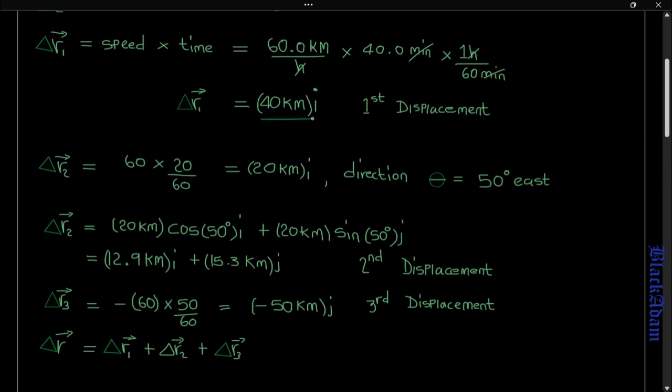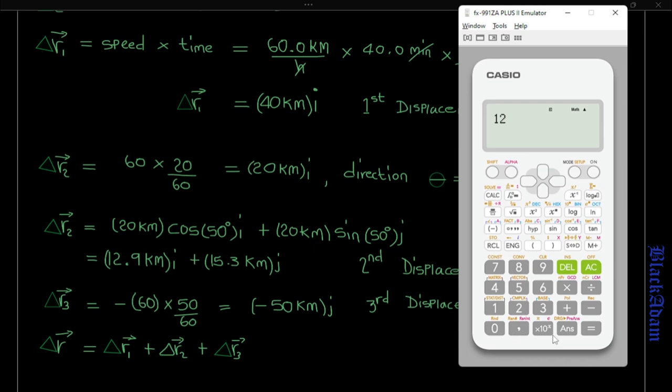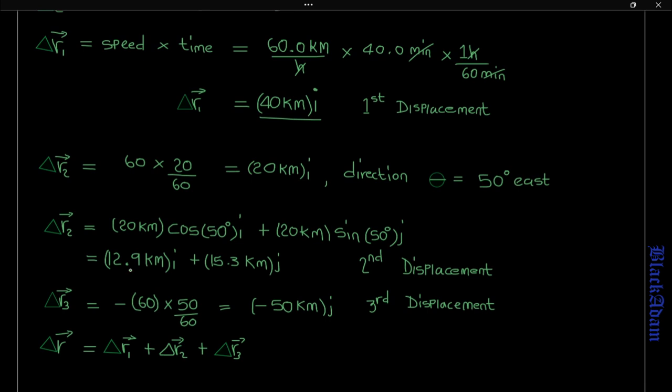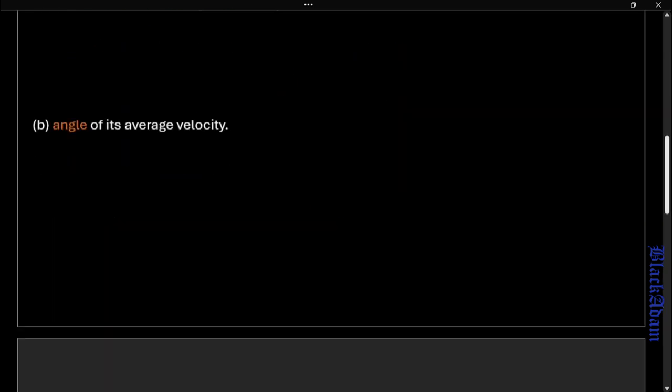Displacement 1 is 40 kilometer i, and displacement 2 is 12.9 i plus 15.3 j. Wait, I think we have a problem there. The third displacement is supposed to be i, west, so it's negative 50 i.